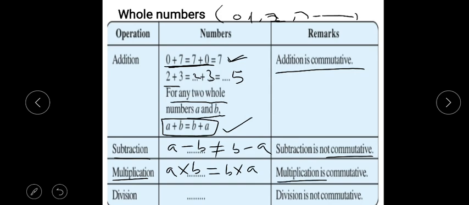So multiplication is a commutative property. Now division, as we already discussed, a divided by b is not equal to b divided by a. So division is not commutative.